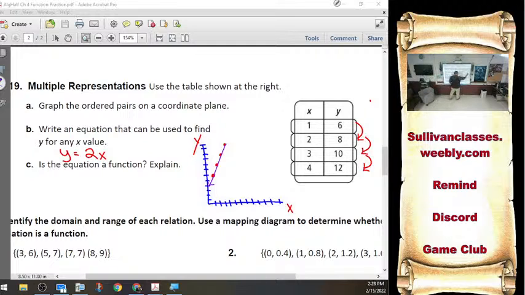Or I can just go up to 0 instead on the table. So if this was plus 2, plus 2, plus 2, I'll minus 2 to get my starting value. So I can either do it on the graph or I can do it through the table.